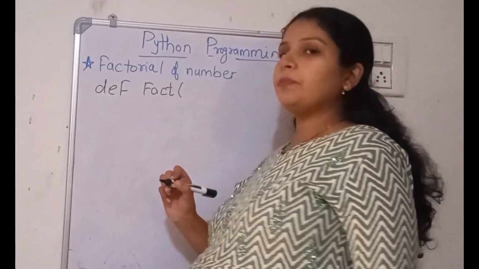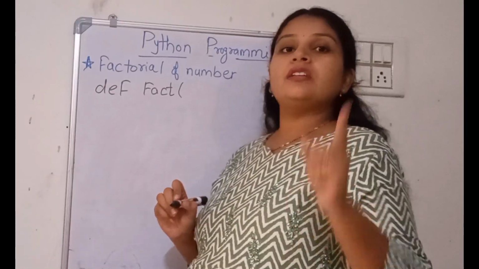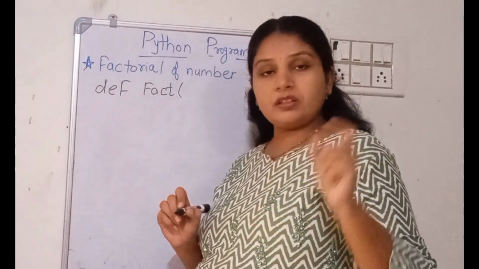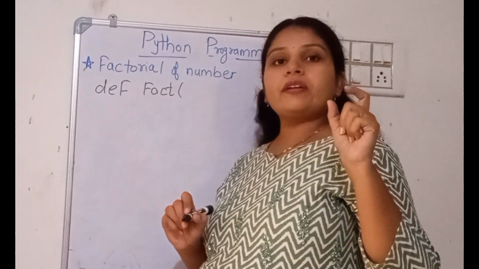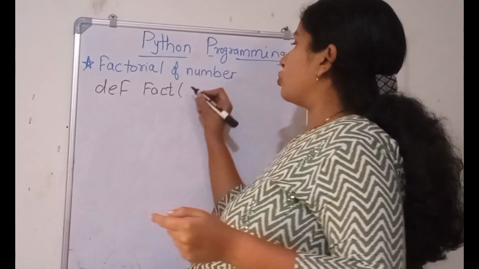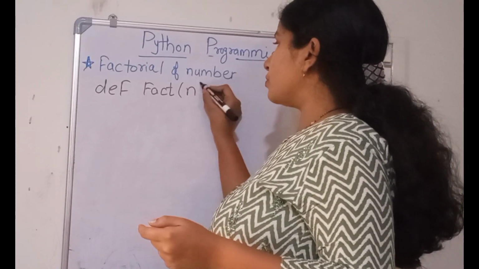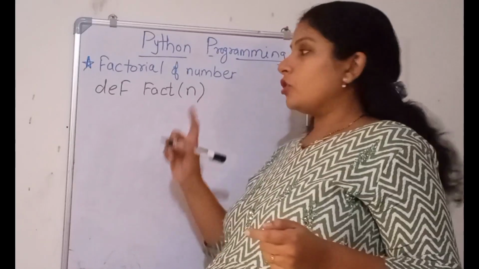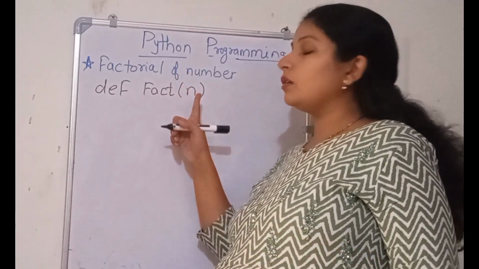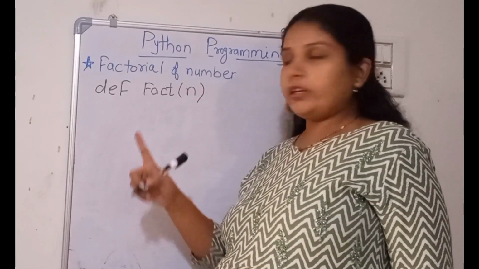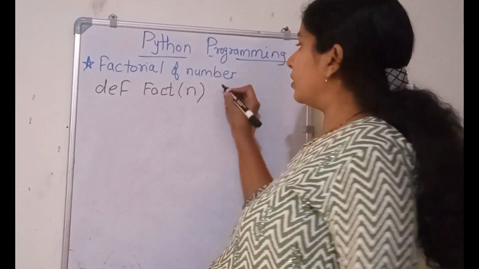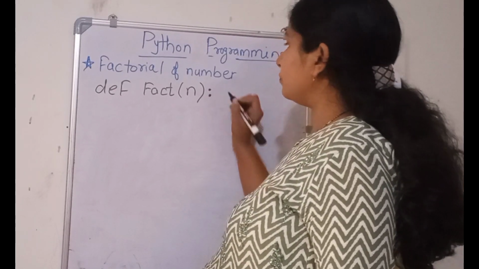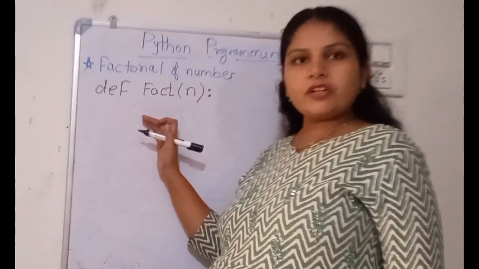Here I am passing one parameter. Which parameter? The input value, the number for which you need to calculate the factorial. So that number will be n, suppose, right? So you are calculating the factorial of this n, colon. Get inside the function.